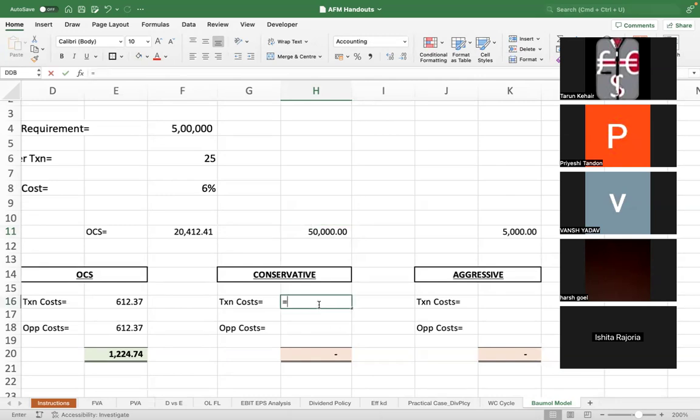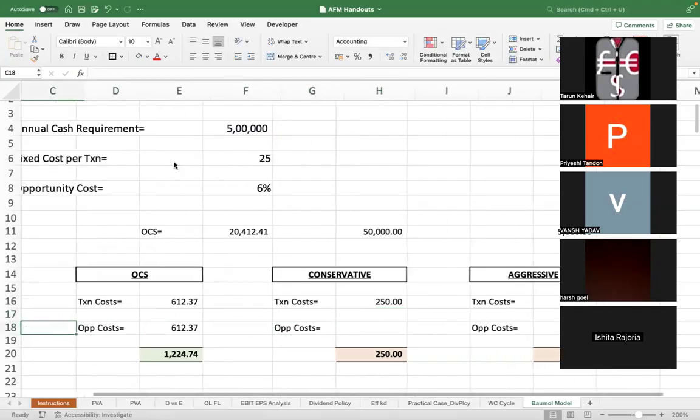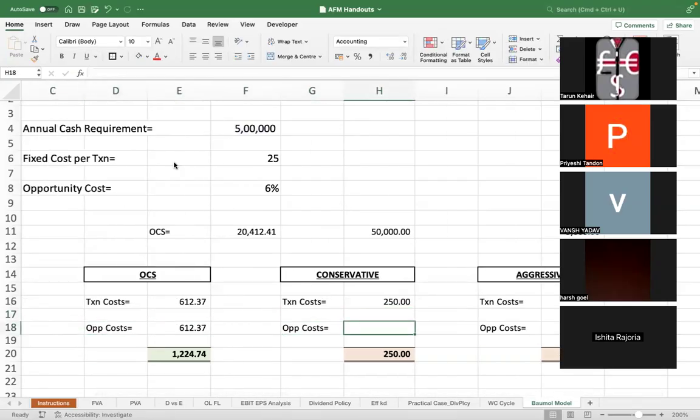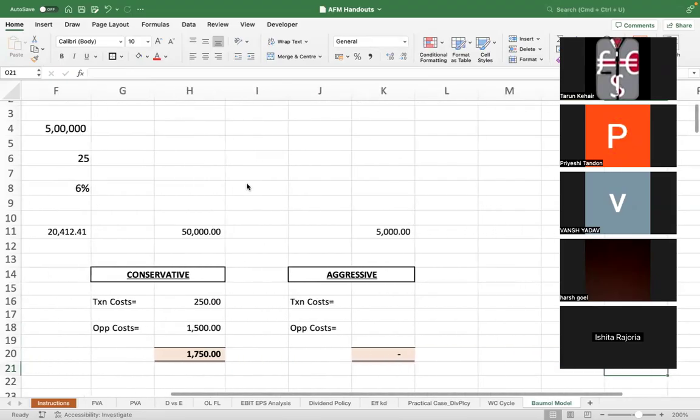Let's say I have a 500,000 requirement, and every time I'm withdrawing 50,000, so I'm making 10 withdrawals in a year. Every time I incur a charge of 25, which means the transaction cost is 250. The carrying cost will be half the target cash balance into the opportunity cost percentage, which is 1500. And therefore, your conservative policy cash management cost will rise to 1750 rupees.